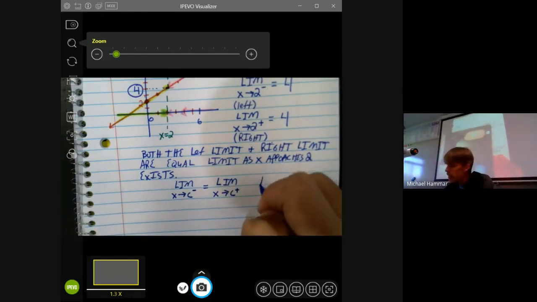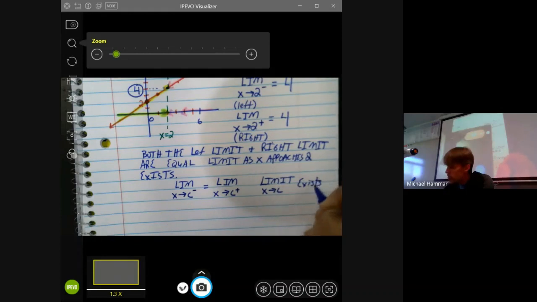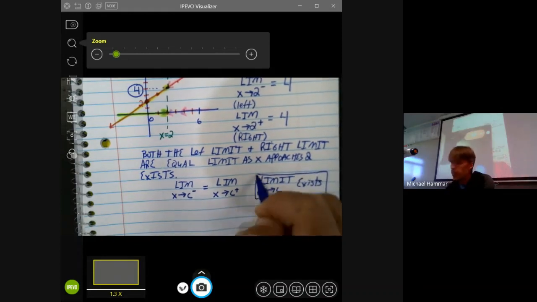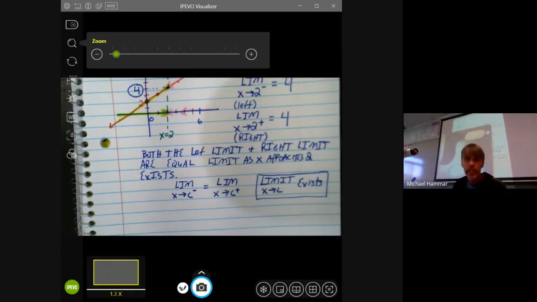Then we would say the limit as x approaches c exists.